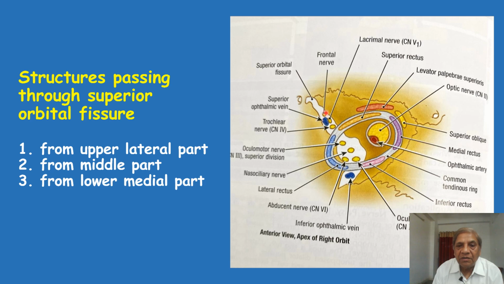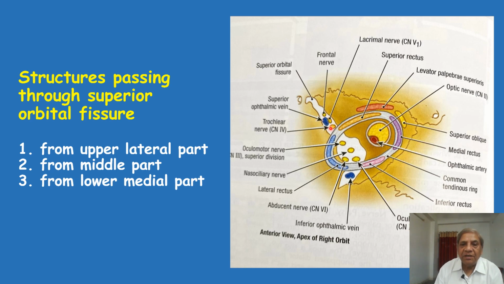The third nerve of the ophthalmic division of the trigeminal is called the nasociliary, but it is not in the lateral part with the other two nerve branches, it is in the middle part, okay. So the division of the ophthalmic nerve, the nasociliary, passes through the middle of this tendinous ring, that is not inside the lateral compartment or the upper lateral part, okay.